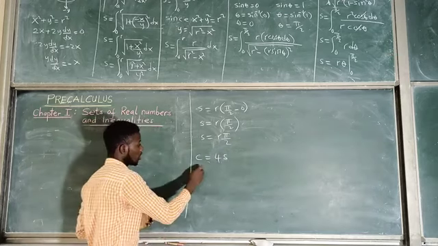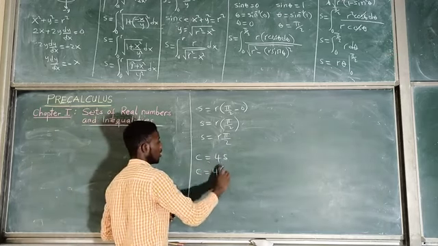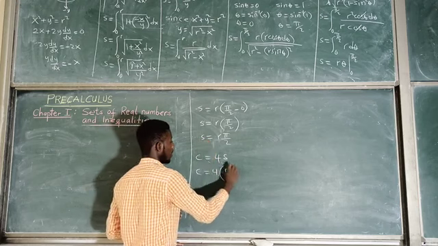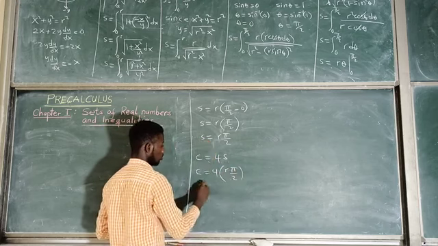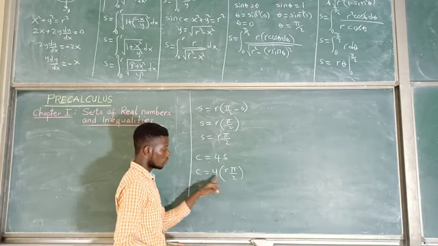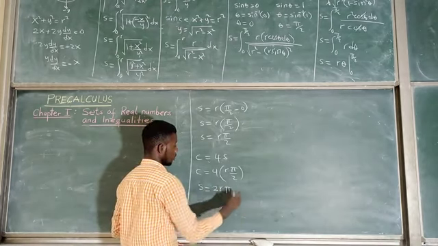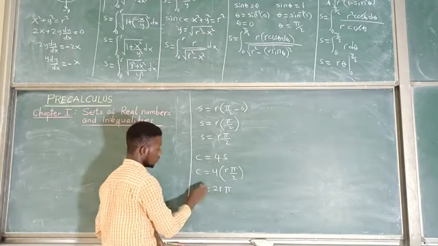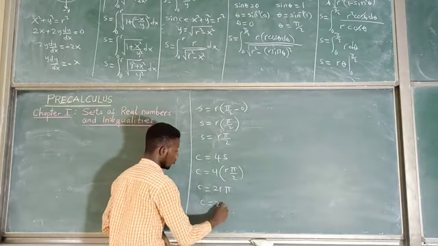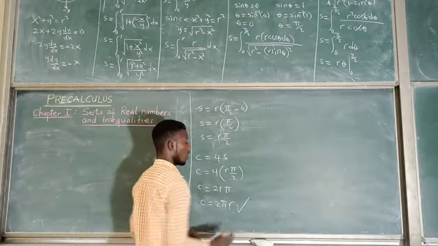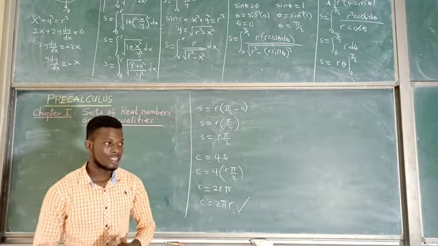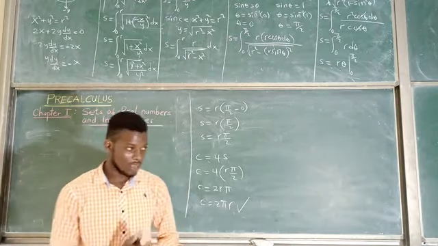So the circumference will be equal to 4 multiplied by r pi by 2. 2 goes into 4 two times, so it's 2 r pi. If you want to rewrite it, the circumference is equal to 2 pi r. And that's how we derived the formula for the circumference of a circle.